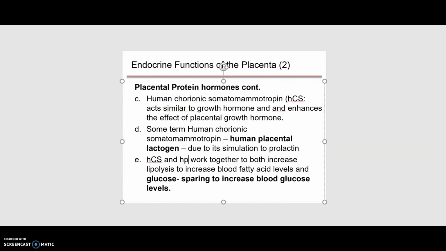That's what I wanted there. Change it. HPL. These hormones here work together to increase lipolysis, to increase blood fatty acids, and glucose sparing.